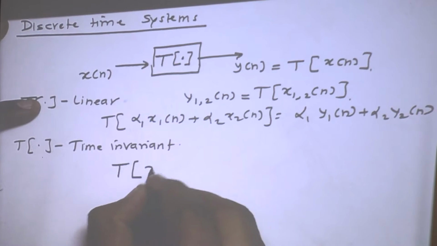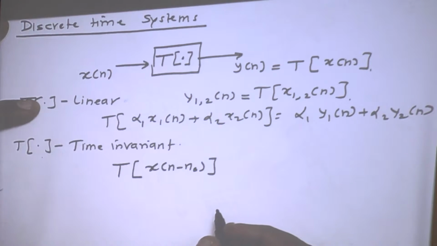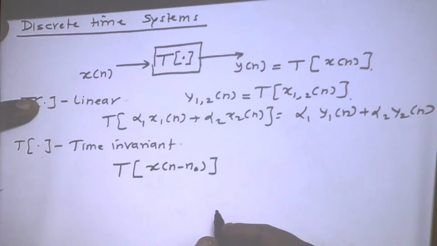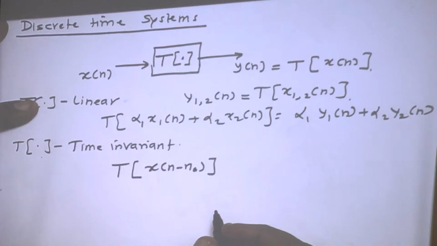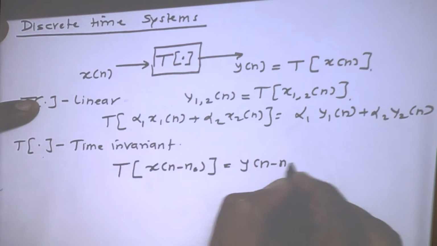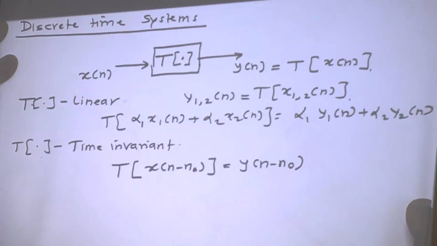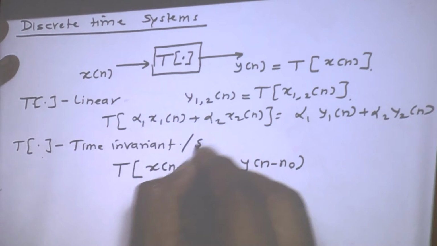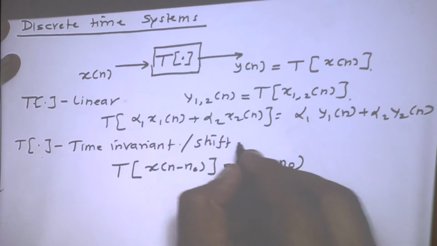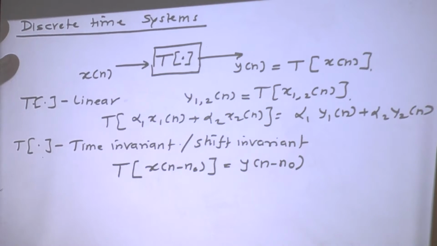Transformation applied on a delayed input x of n minus n0, if it is equal to y of n minus n0, then the system is time invariant, time or shift invariant. Here it is shift, otherwise it is going to be time varying or shift varying.